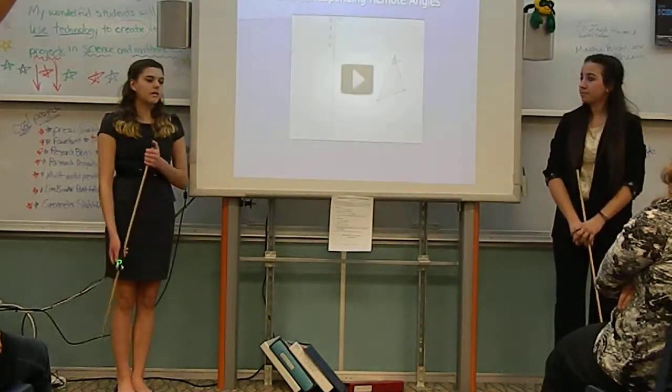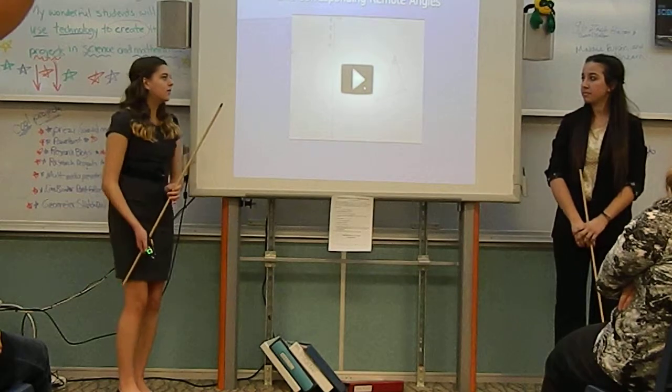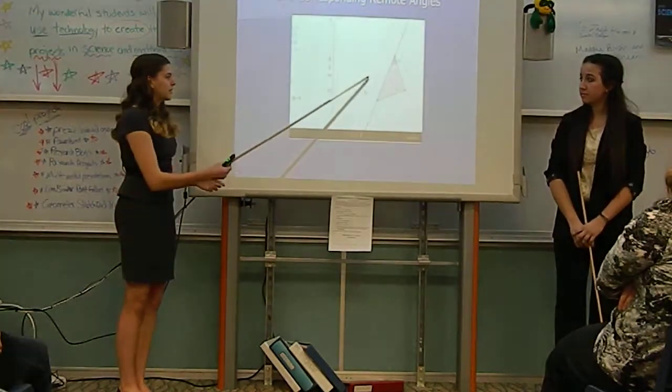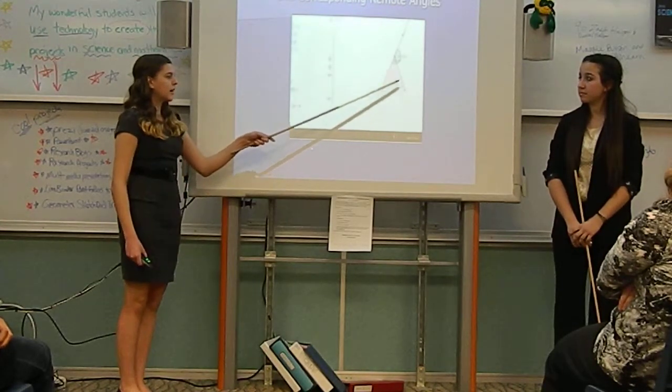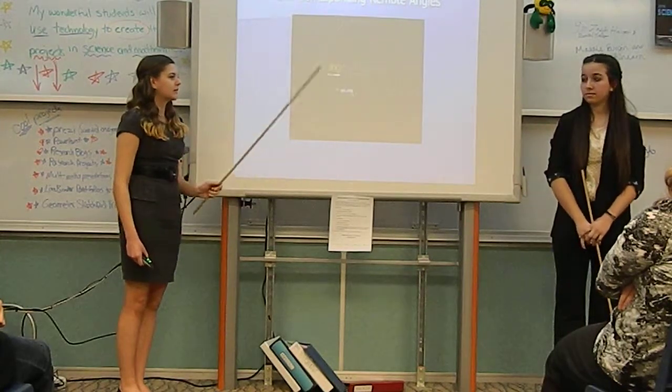This is a video that will be showing you how to actually find an exterior angle of a triangle. So what you will do first is extend one side of the triangle, and then the adjacent side and the extended side will create an exterior angle.